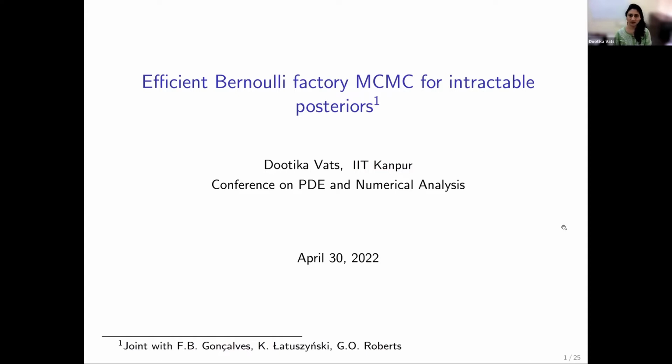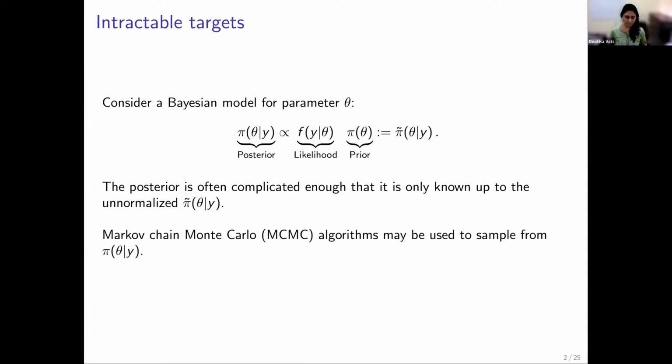Okay, so essentially, first I start with the problem of, in general, intractable targets. And when I say targets, I mean a target density or a target distribution, which we, as statisticians, typically find in Bayesian modeling. So the idea is that we have some data, the y's, which given a particular parameter theta follow a certain pattern, called the likelihood.